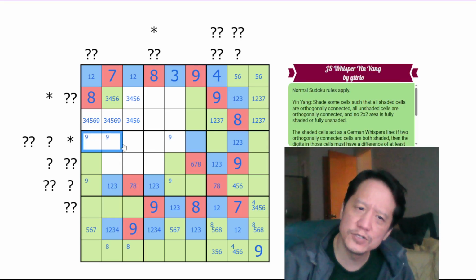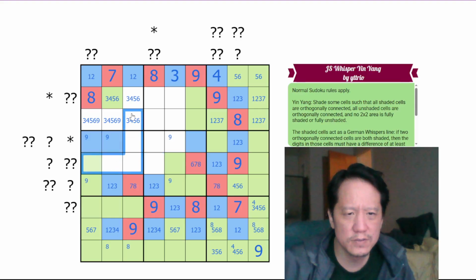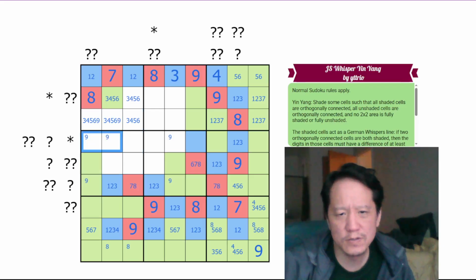What happens if this is shaded? Does that work? Well, didn't we run into that situation where it does? I think so. Yeah.